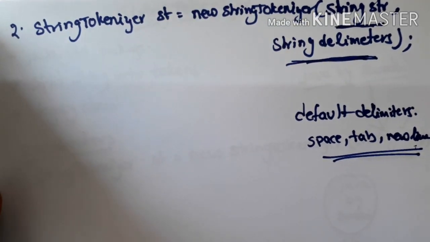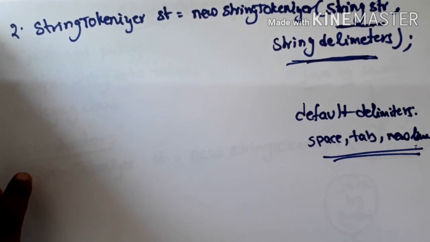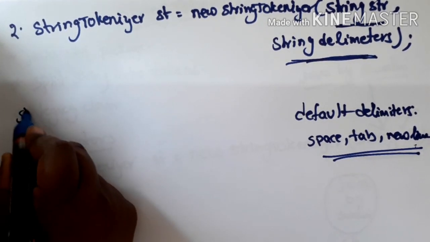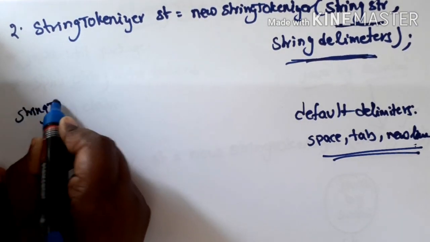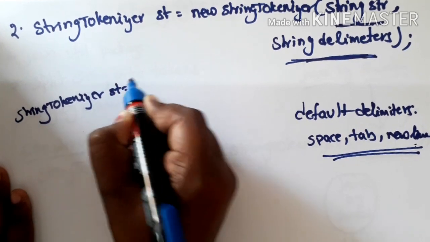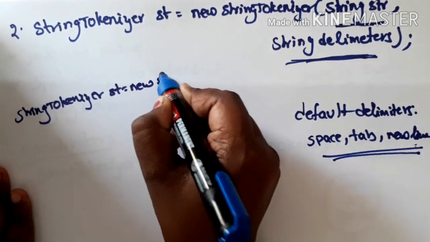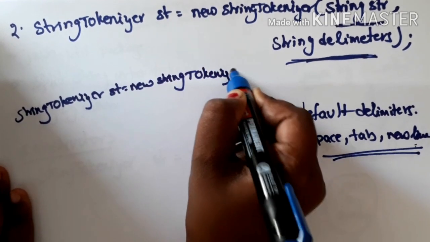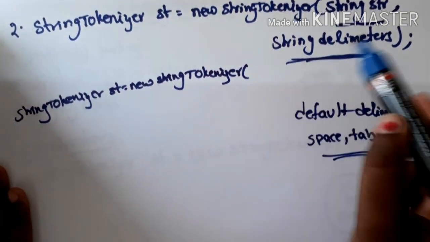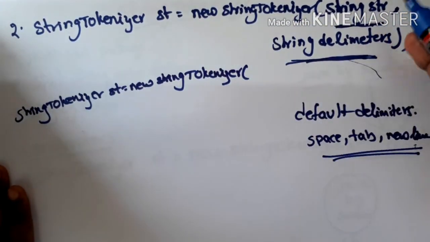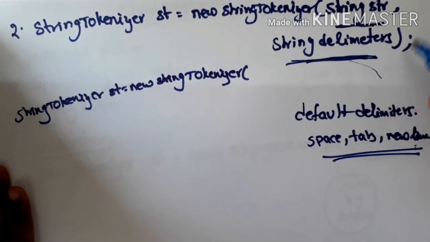Let's see one example. Assume I am creating a StringTokenizer object using the second approach. StringTokenizer st = new StringTokenizer( ... ). Here I need to pass two parameters: one is the string which you want to tokenize, and the second is the delimiters.